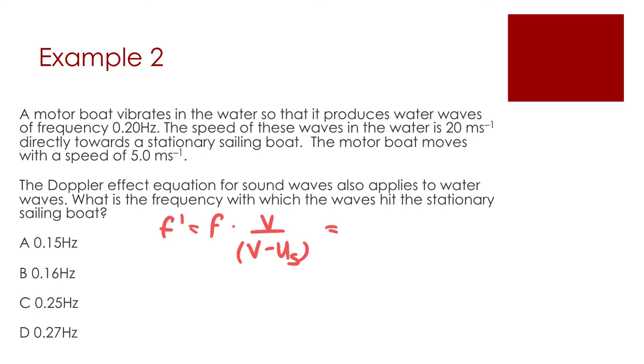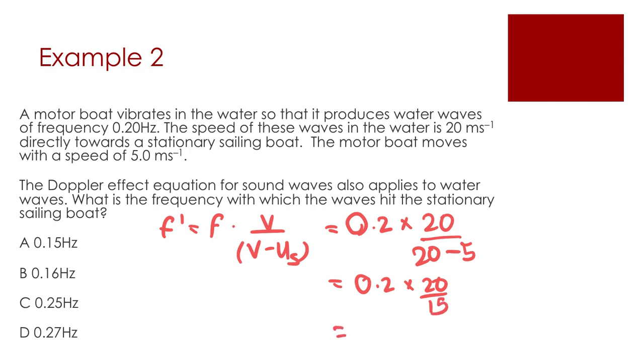So let me just put in some values. And if I start to calculate this, 0.2 times 20 over 15, and that's going to be 0.2 times 4 over 3, 1.33 repeated, multiplied by 0.2, rounded to two significant figures, and we are going to get answer of D.